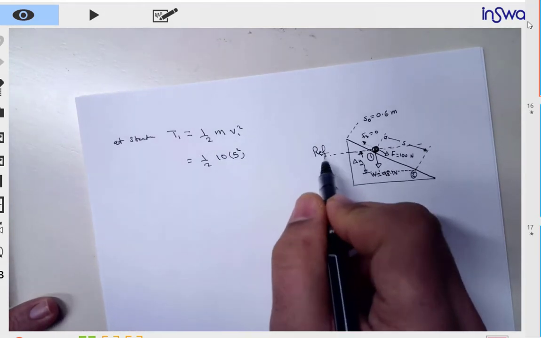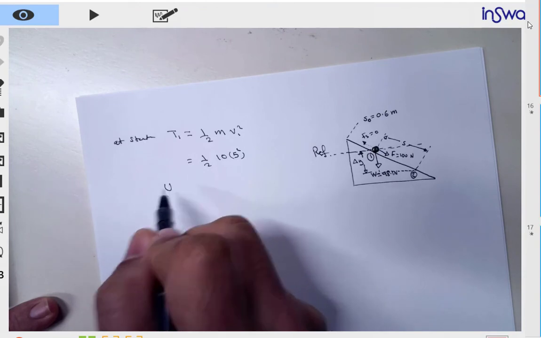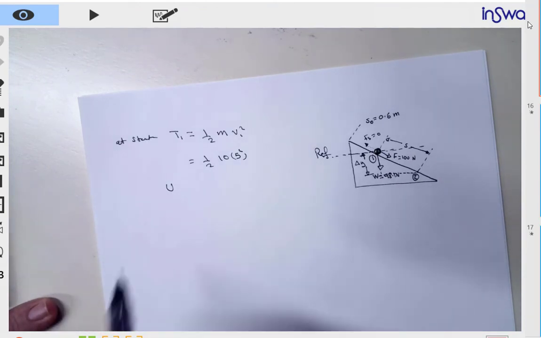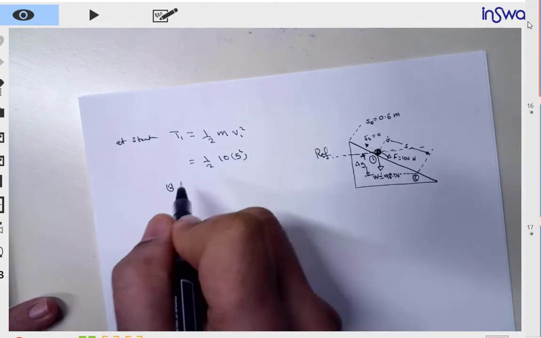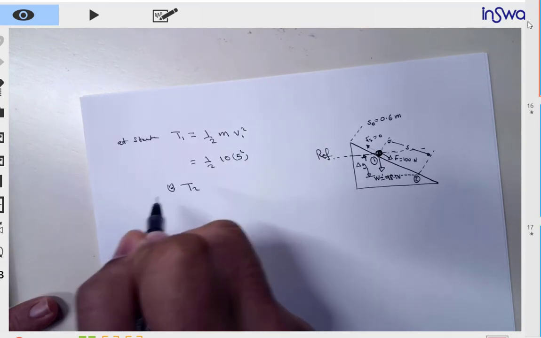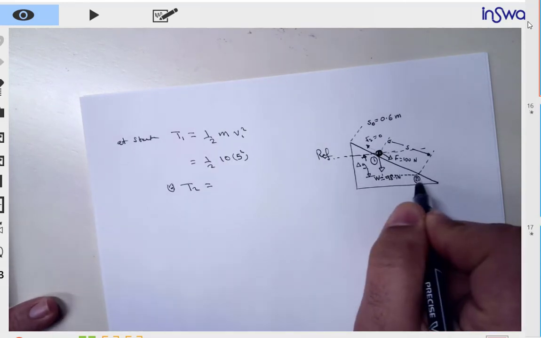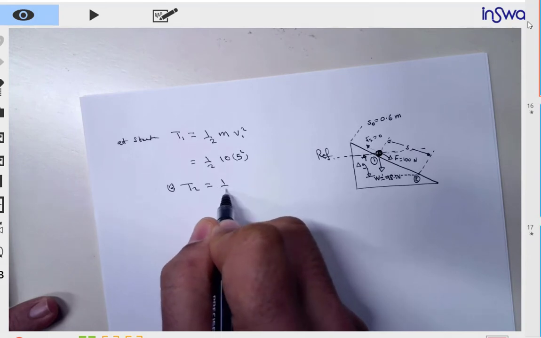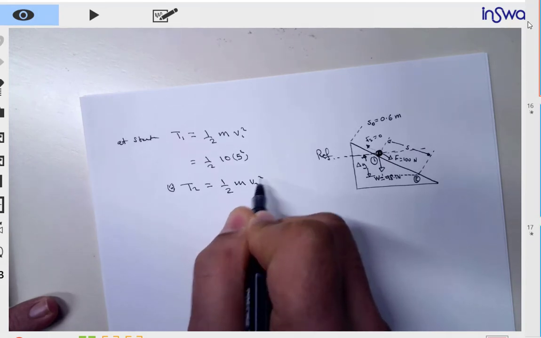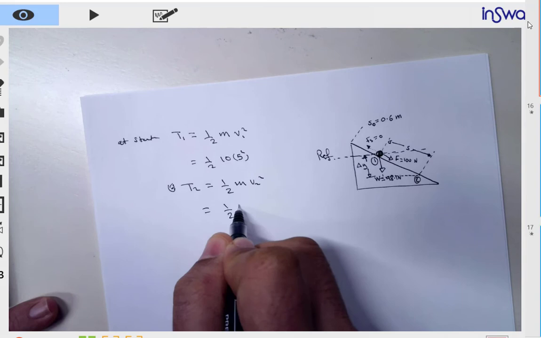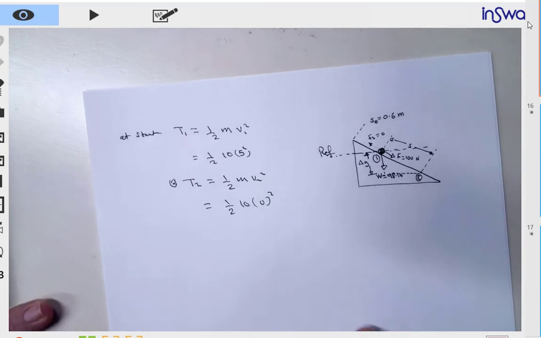This is the kinetic energy. The kinetic energy at state 2 is equal to half m v2 squared, which is half times m times 0 squared, because it stops.